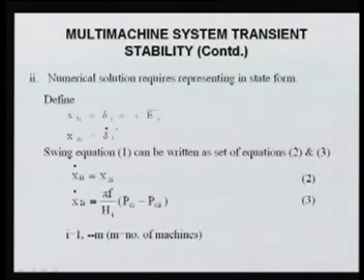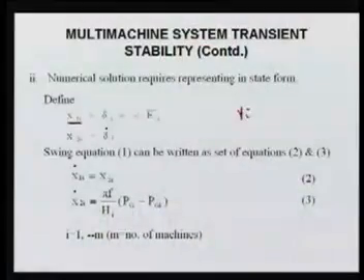We take one variable, x1i, because for every i we are calculating, where i means the number of generators. If there are m generators in the system, there will be m variables corresponding to x1i, and this x1i we have taken as delta i. That delta i is nothing but the angle of Ei, the internal induced EMF of the ith generator.